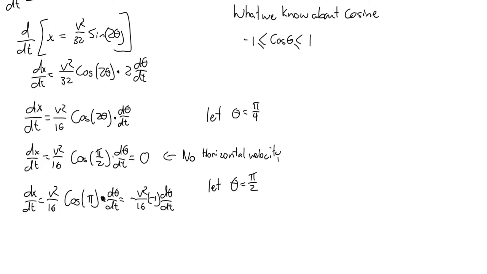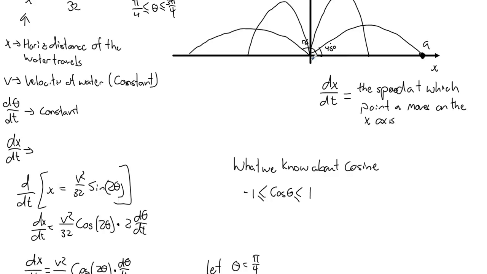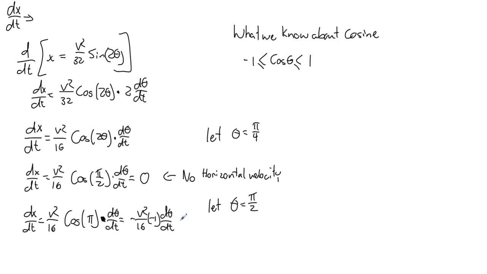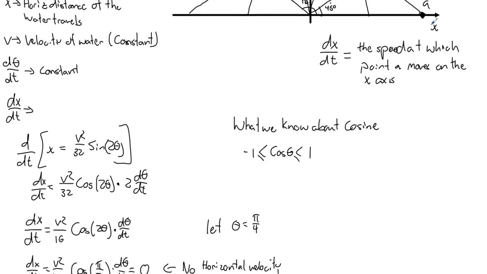So basically, when my angle is straight up and down, this thing is moving at the fastest. I don't know what d theta over dt is, and I don't know what v squared is, but whatever it is, this particular point is moving the fastest when it's around this point.